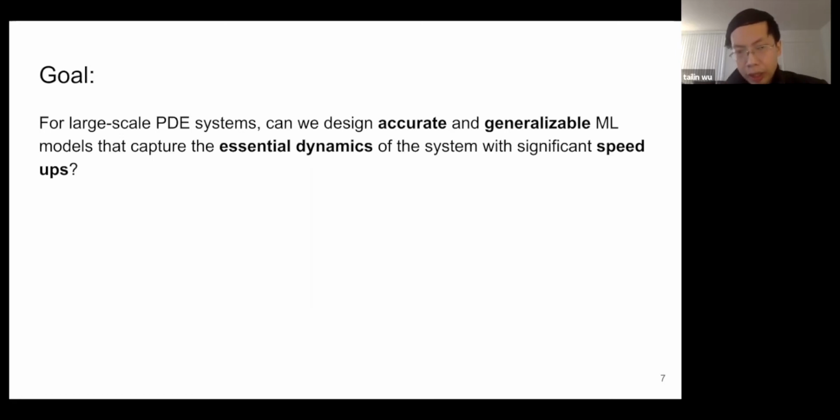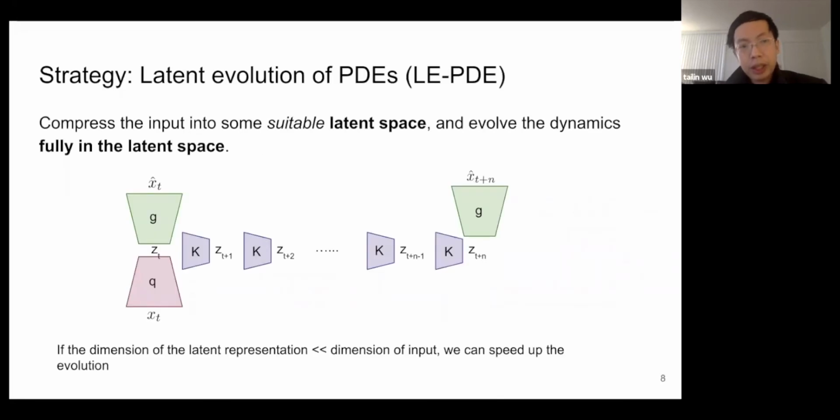Therefore, our strategy is to learn a latent evolution model for the system. Specifically, suppose that X is the input data. Then we can use an encoder Q to map it into a suitable latent space, and we also have a corresponding decoder that can decode into the original space.